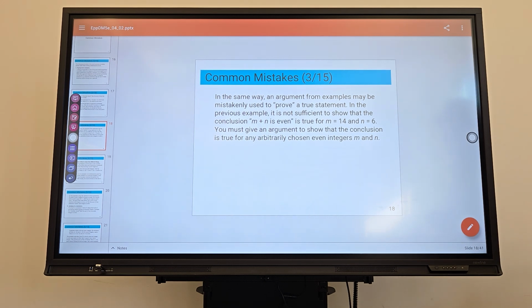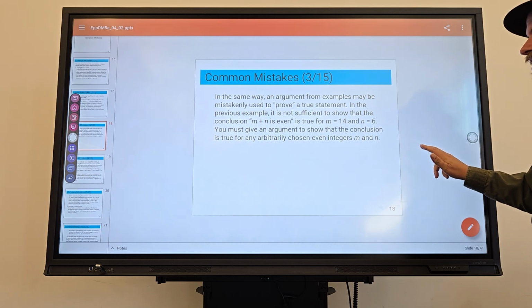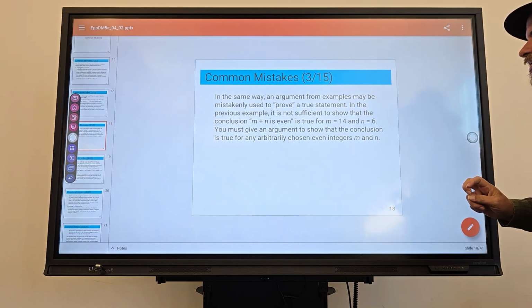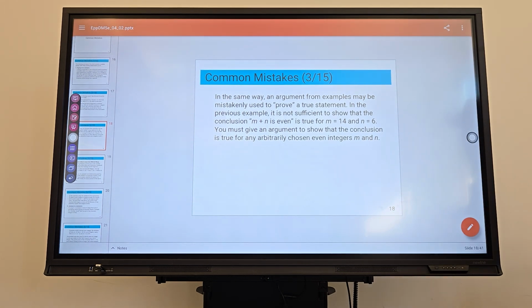You must give an argument to show that the conclusion is true for any arbitrarily chosen elements in the domain, not just for one or two examples.